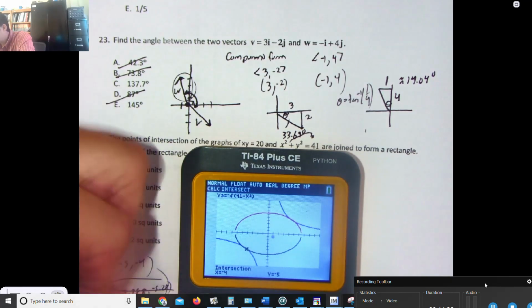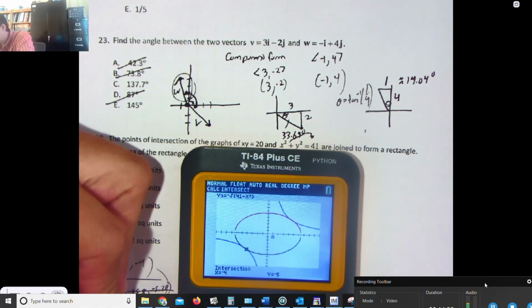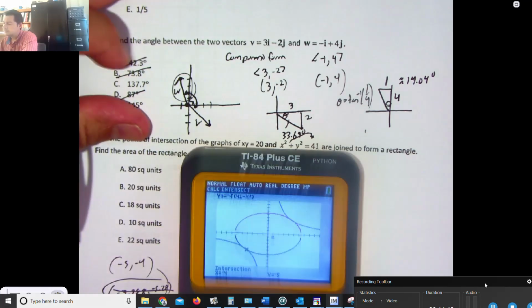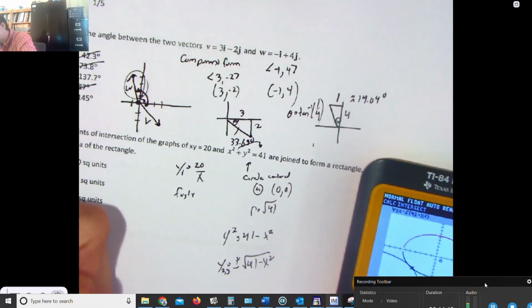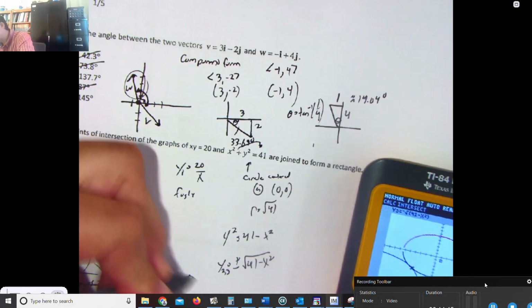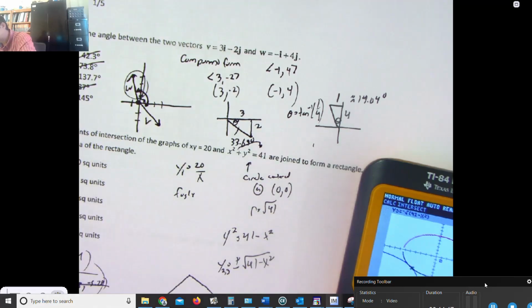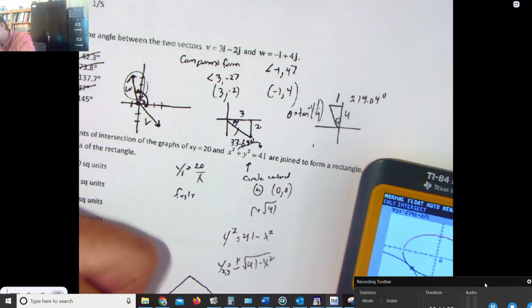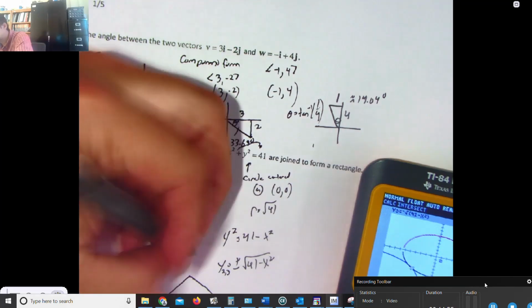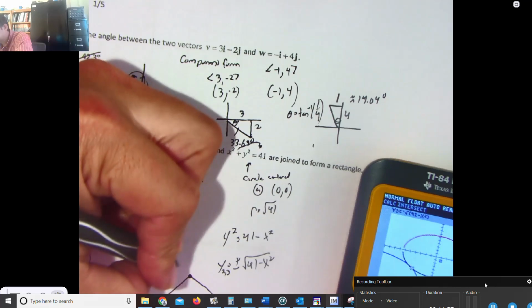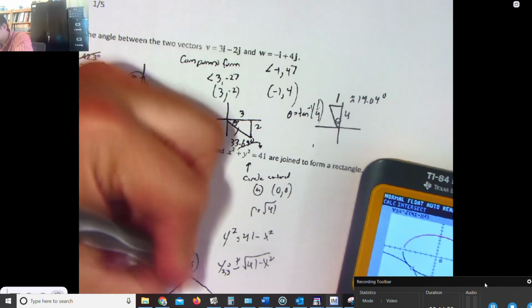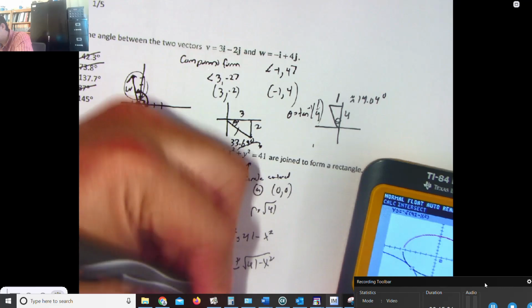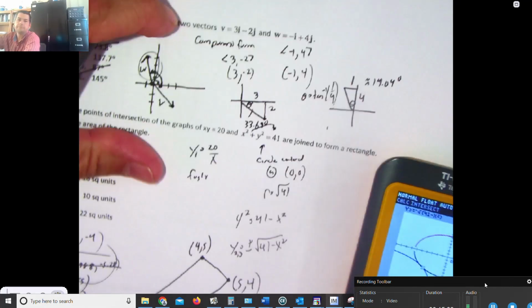Yeah. So the numbers weren't too bad. It's a sideways rectangle. But there's your ordered pairs.